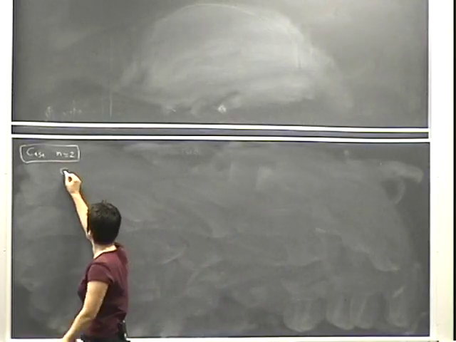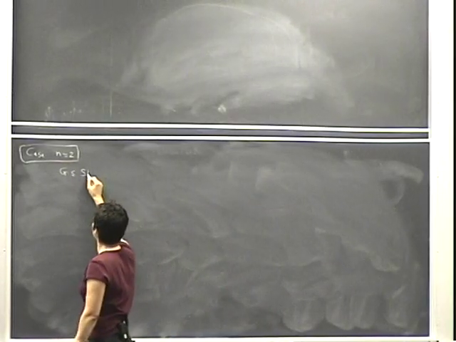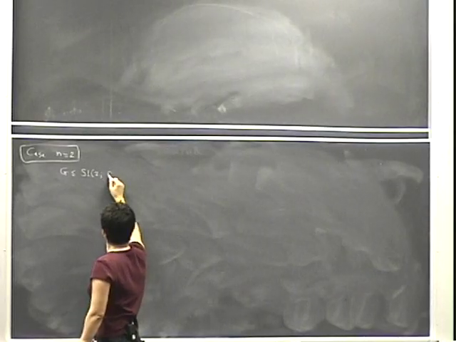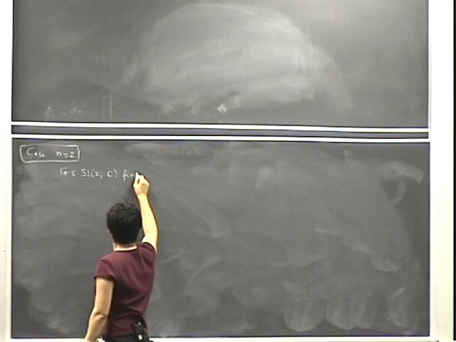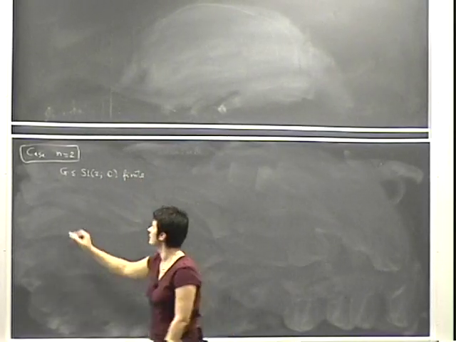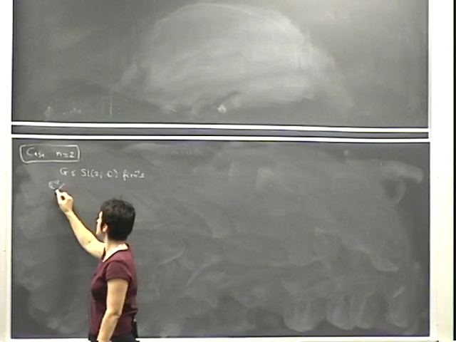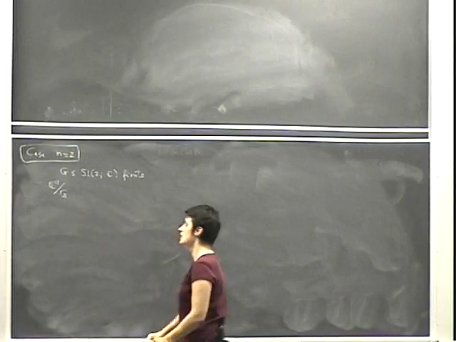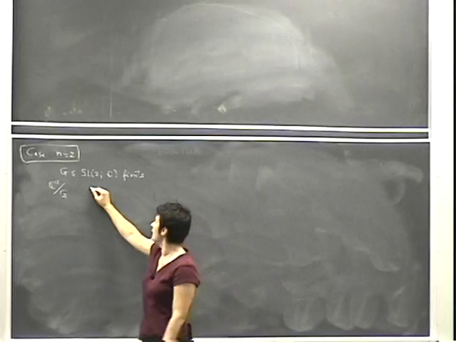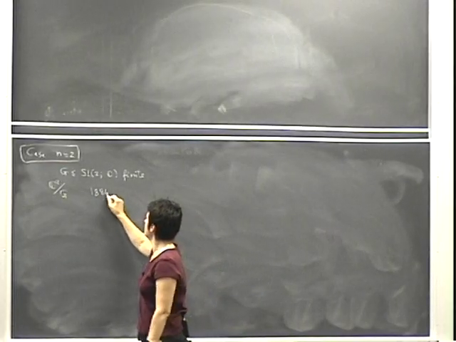In this case, G is a finite subgroup of SL(2, C). And the singularities C^2 mod G, these were studied in 1884 by Klein.